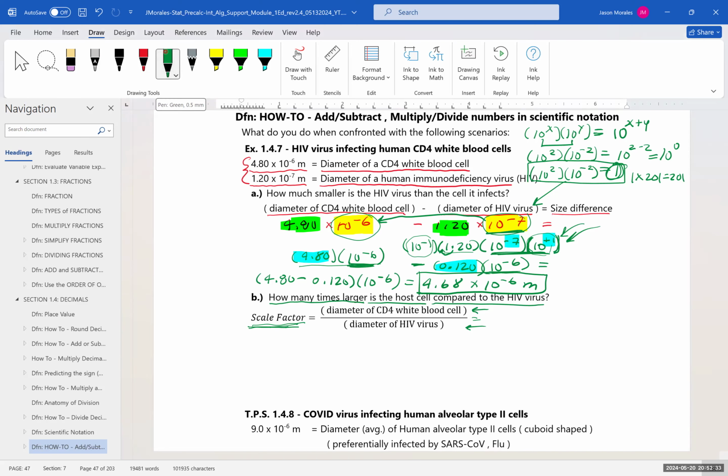So the diameter of the white blood cell was 4.80 times 10 to the minus 6, and that's going to be all over 1.20 times 10 to the minus 7.